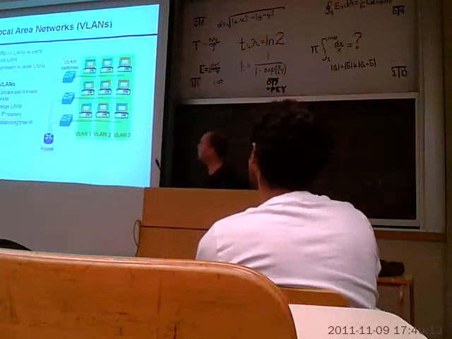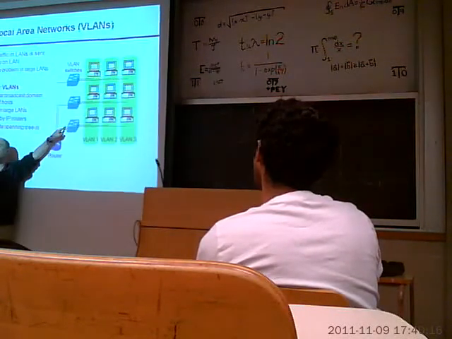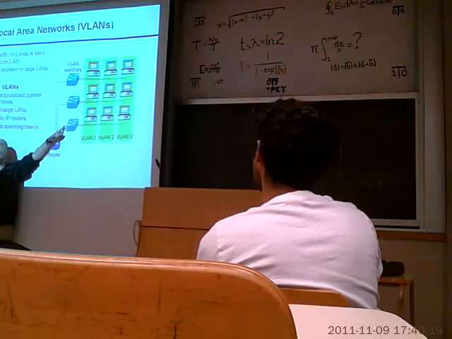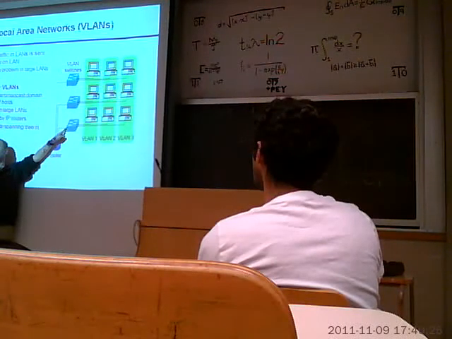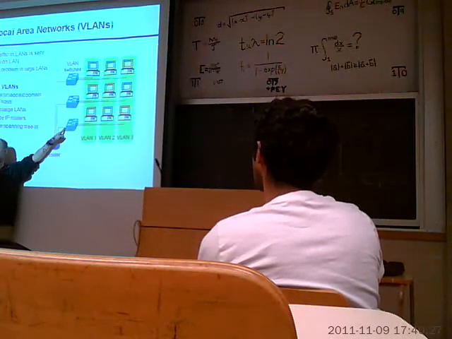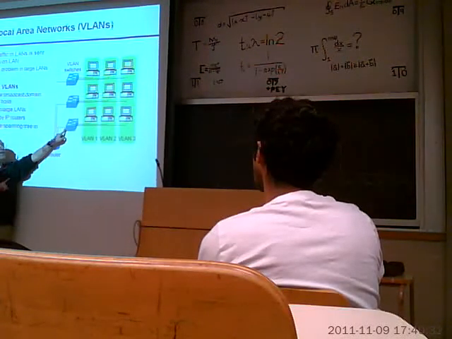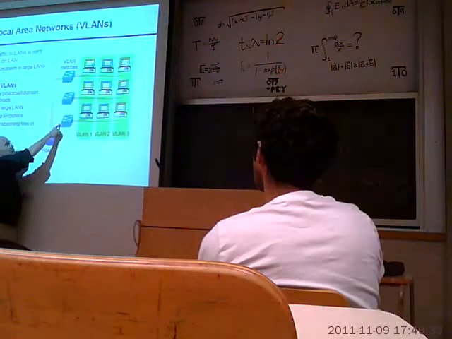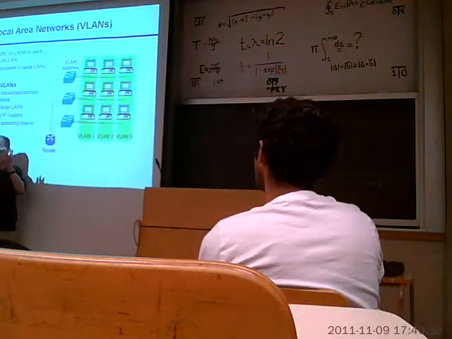So in this case, this is also a port. This port here will be assigned to all three VLANs because it belongs to all three VLANs. Now, this switch here, when it sends the packet to the router, will take the VLAN tag off.